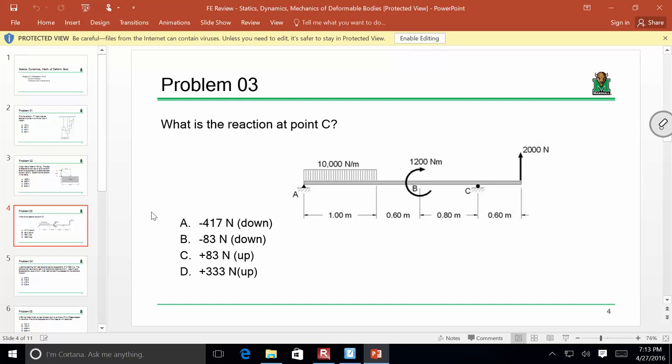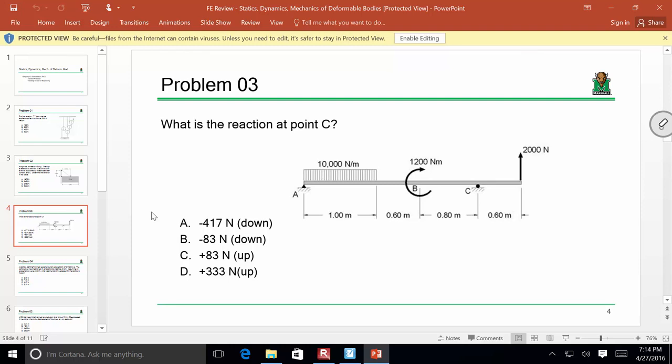Okay, so what's the reaction at point C? So a strategy, let's talk about strategy. If I want to determine the reaction at point C without doing any math, what do you think I should do first? Like what would your strategy be for this problem? So saying what you should do first, just what would you do? Okay, what do you mean work down the beam?